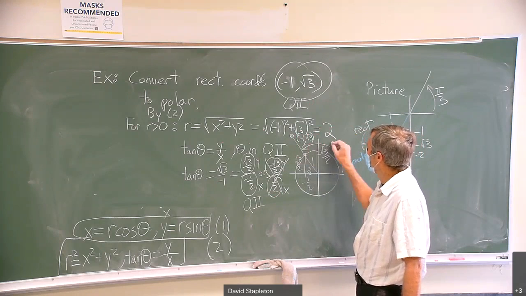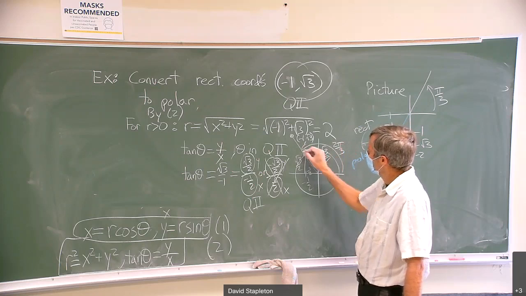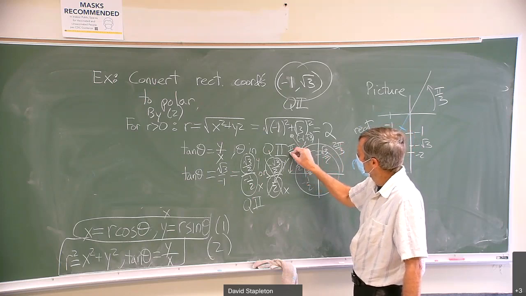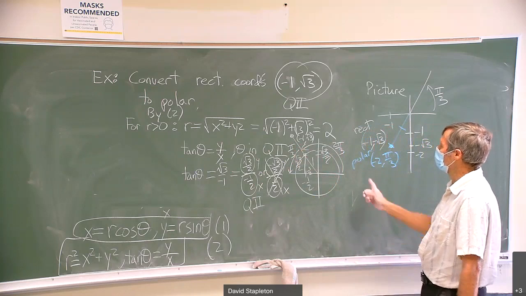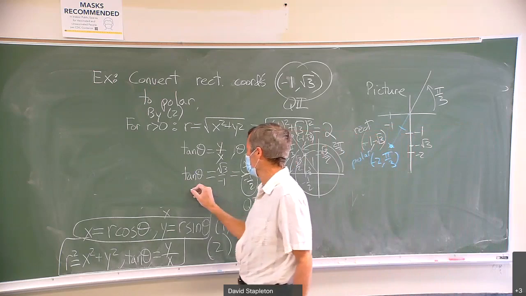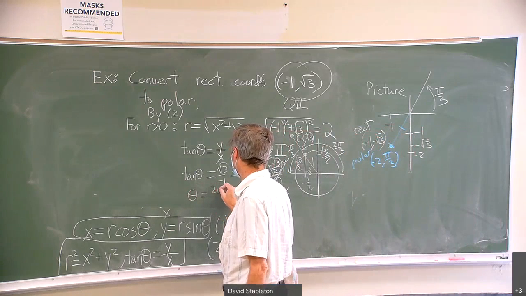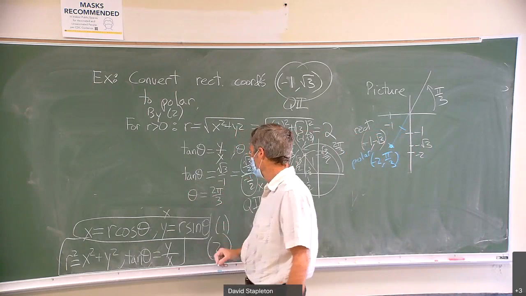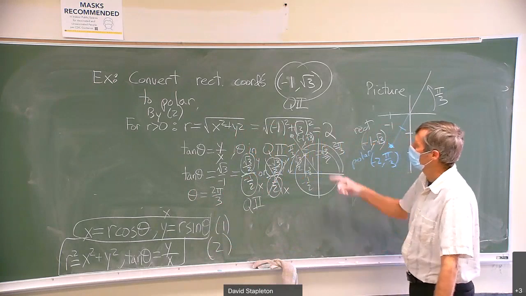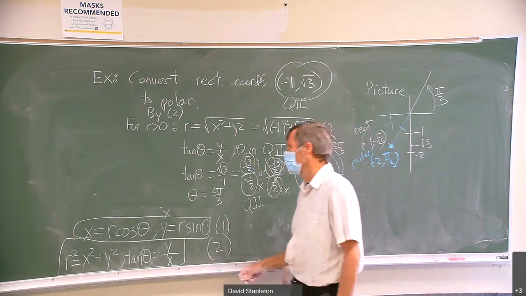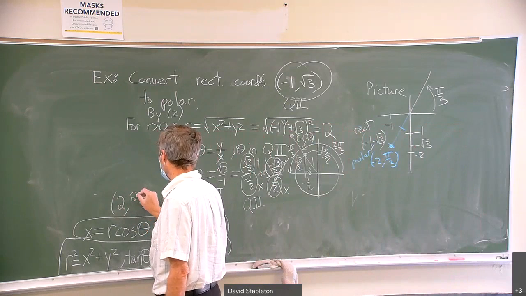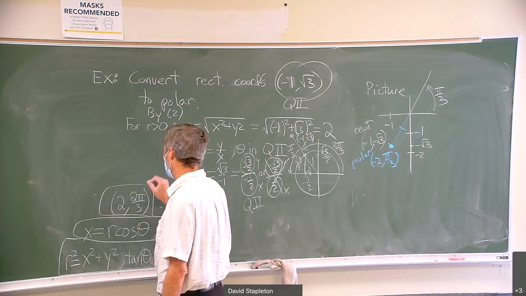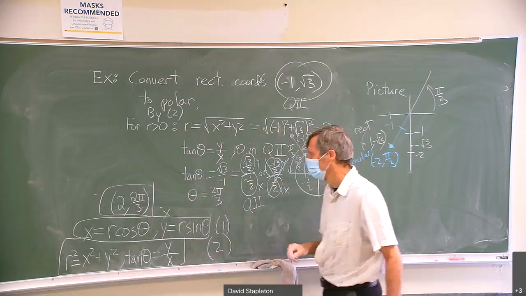This angle must be 2 pi over 3, because this angle is 60 degrees, pi over 3. So we deduce that the angle here is theta equals 2 pi over 3 from the unit circle. Now I've got r equals 2, theta equals 2 pi over 3. Polar coordinates put r first and then theta, just like you put x before y, it's just convention. So 2, 2 pi over 3 are polar coordinates for that point.